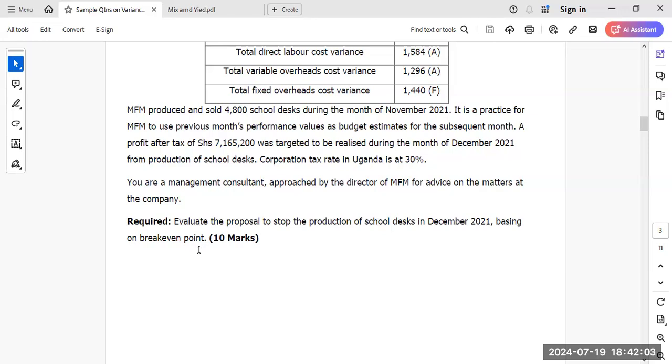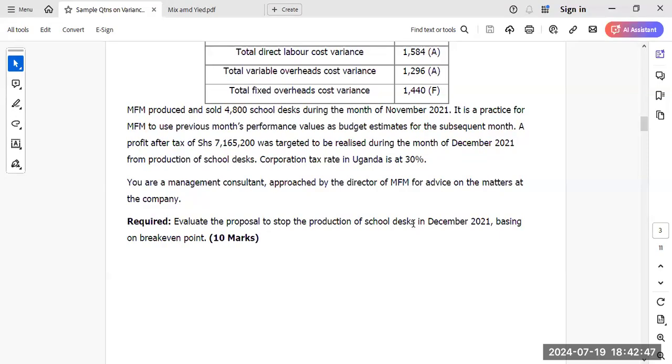Now, if it is break-even point, what comes into your mind as you read the case study? What should you be interested in? Do you even know how you can get break-even point? This is to evaluate the proposal to stop the production of school desks.